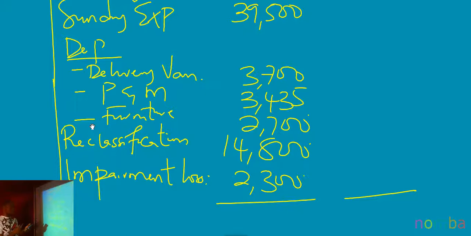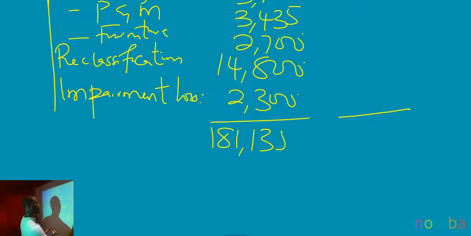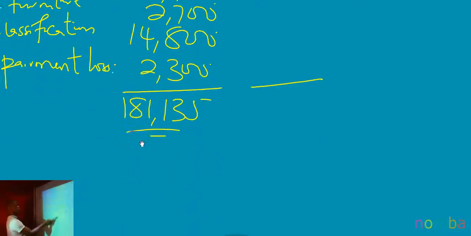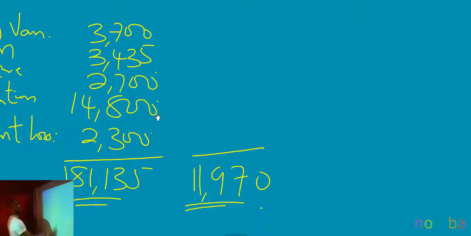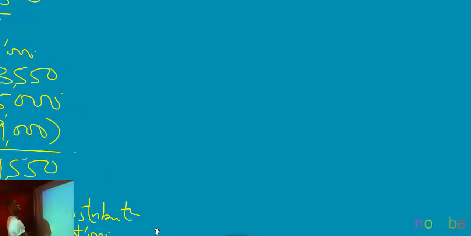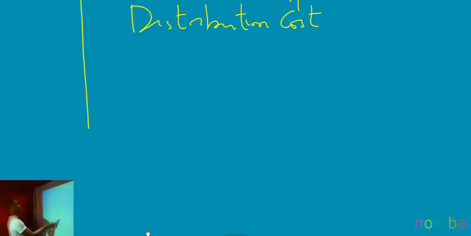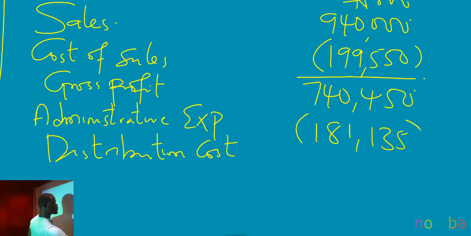So it gives me 181,135 for admin. And for the distribution, there is just one line item, which is 11,970.